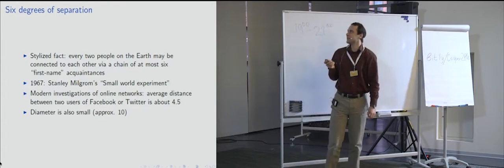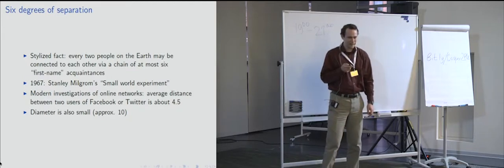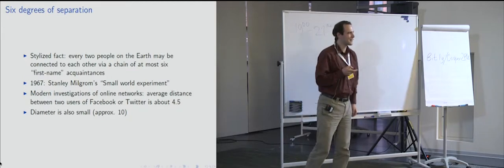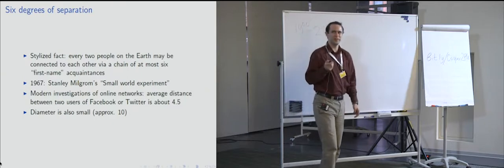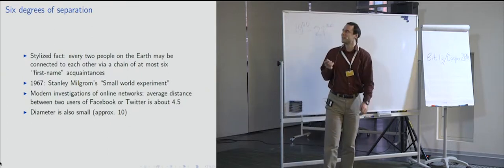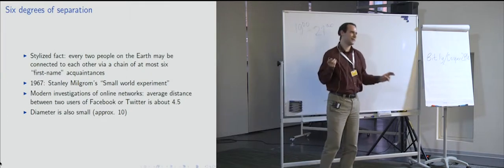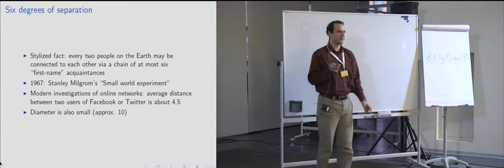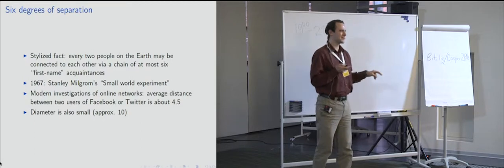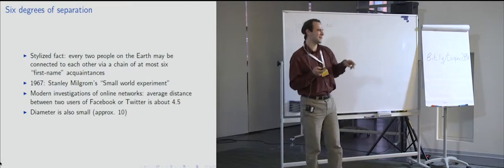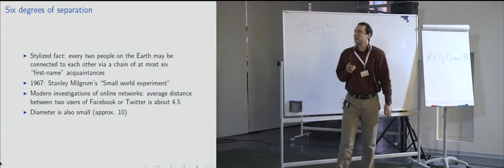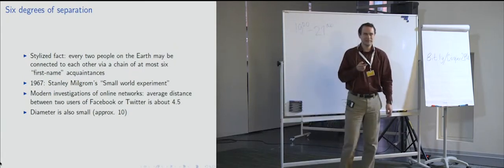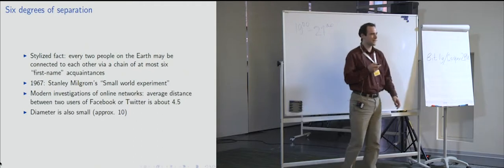For instance, if you count the diameter of Facebook or of Twitter, you may find that the diameter is something around 10, and the average distance between two vertices is even smaller than 6, it's like 4.5. So this is the first property.